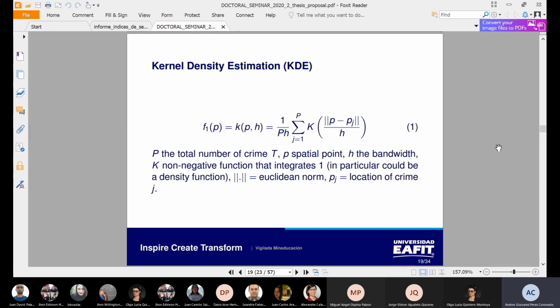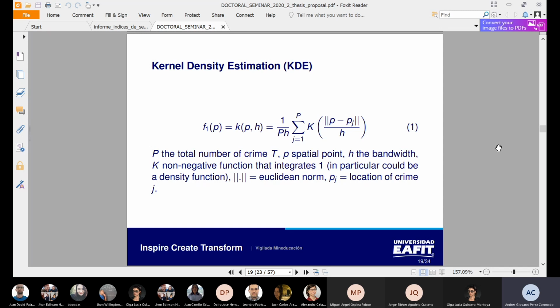It's a density function. They take one point and make a bump over each point, and it makes the map for each point and how they make the density between each point and the other points.